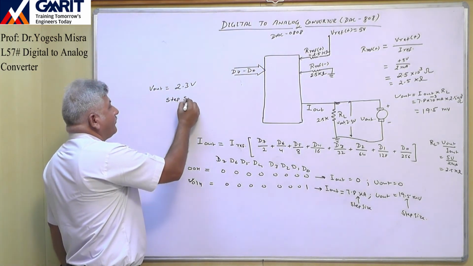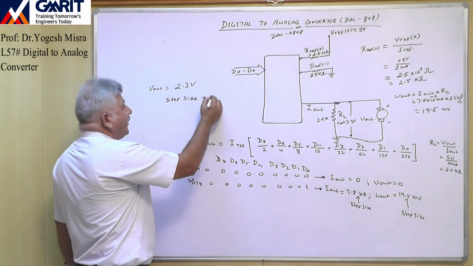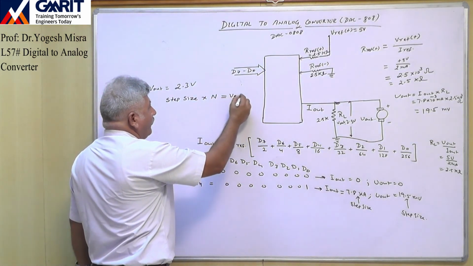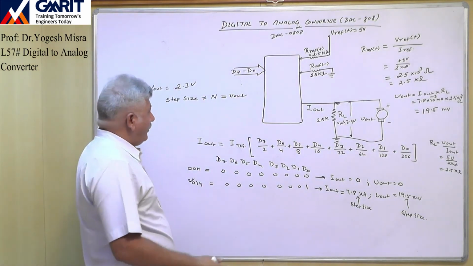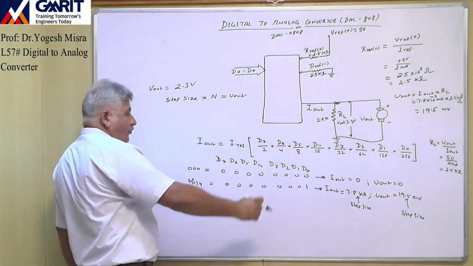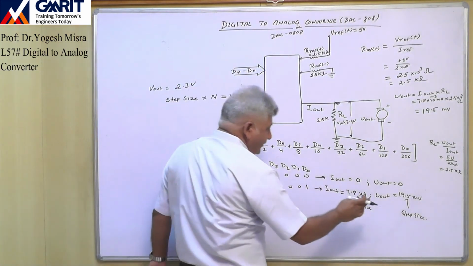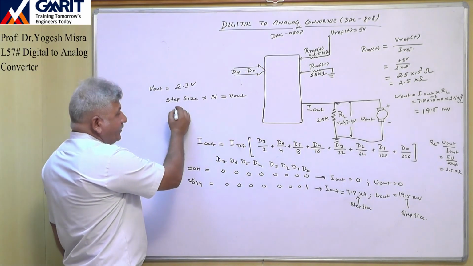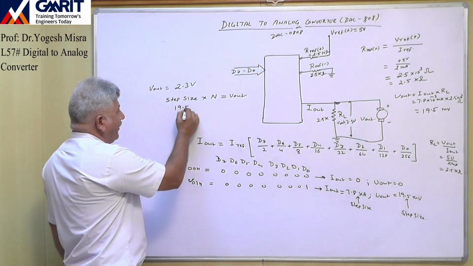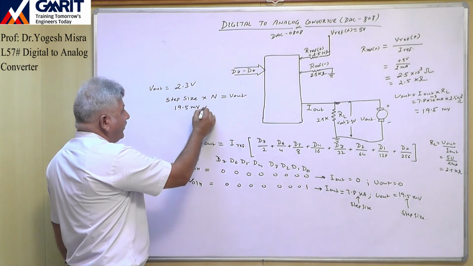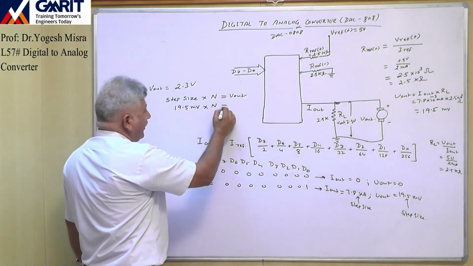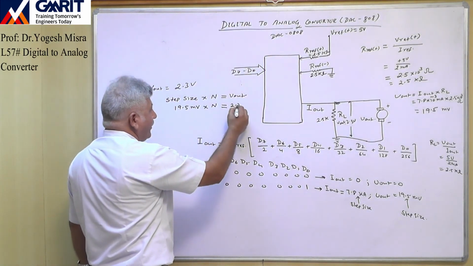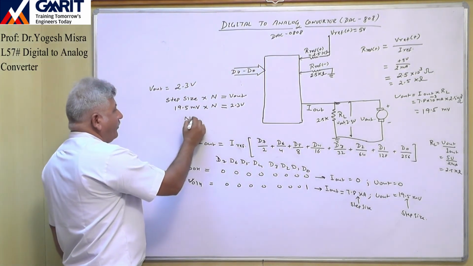If this is our application, then we shall use this formula: step size multiplied by n is equal to V out. In terms of output voltage, we will take this step size. So the step size, 19.5 millivolt, multiplied by n is equal to V out. The required output is 2.3 volt. So we will find the value of n.